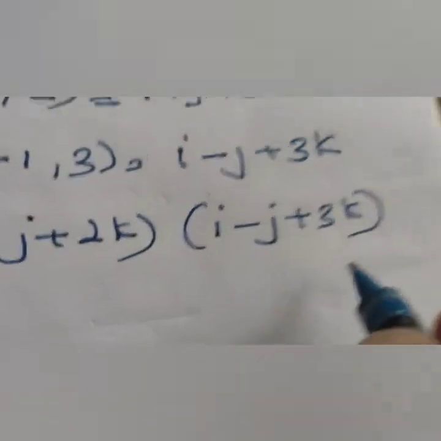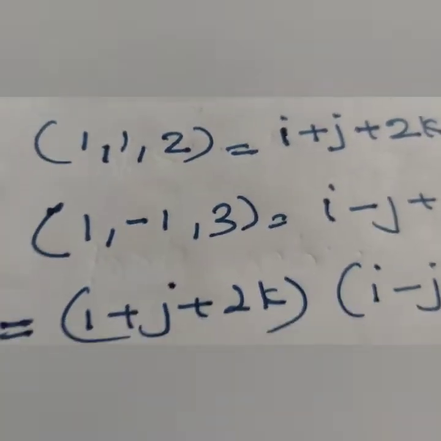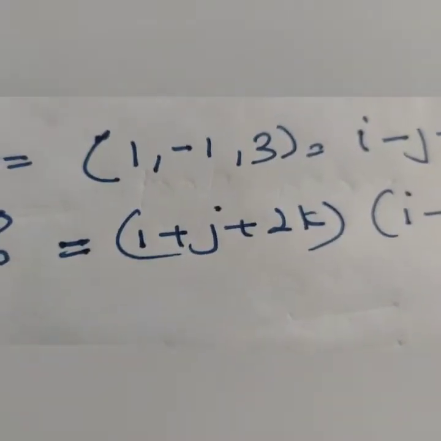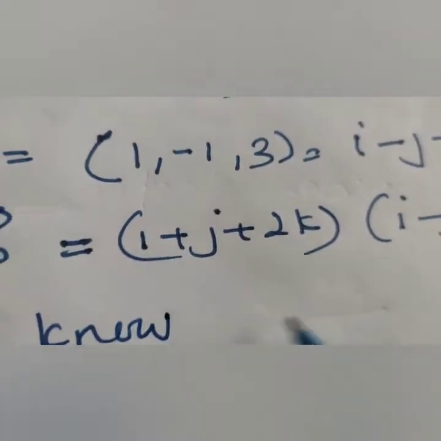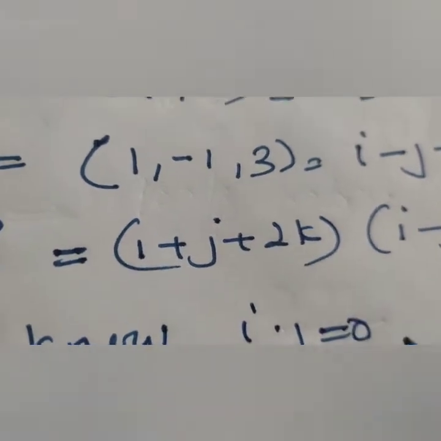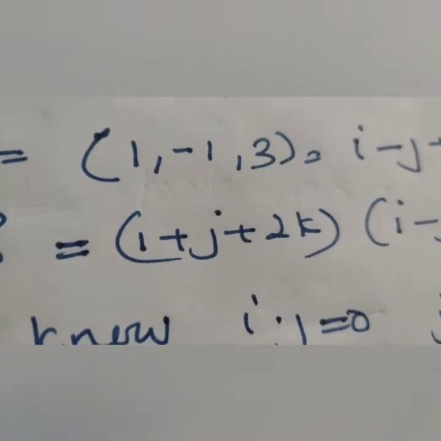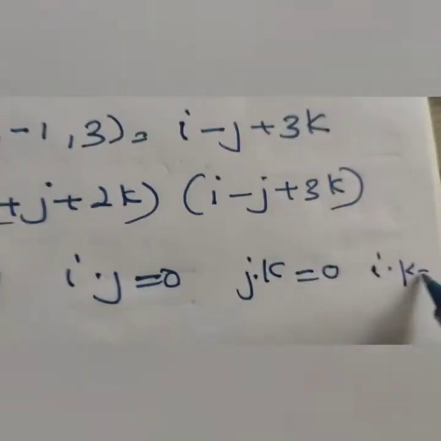So what will we get? You see I dot J is, we know, 0. J dot K is 0, and I dot K is 0.